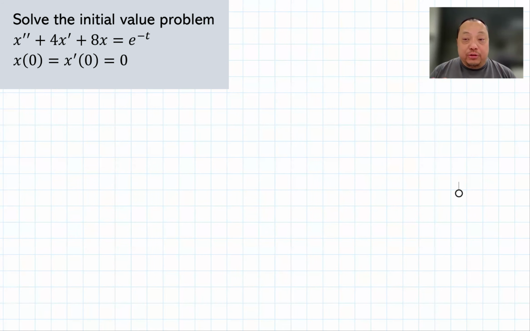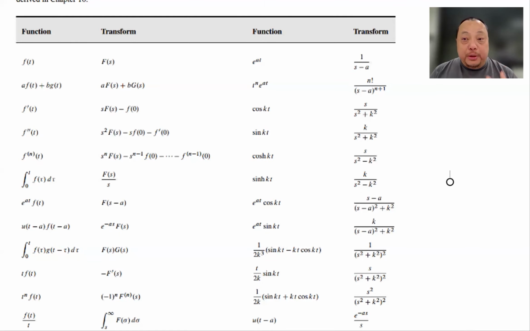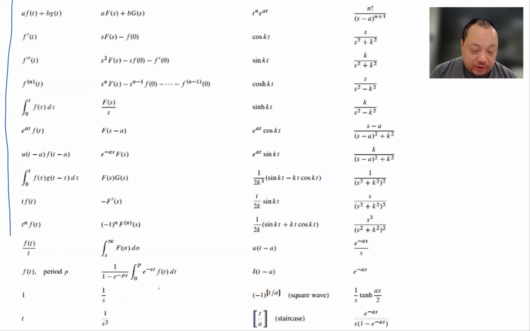To apply Laplace transform to solve initial value problems, you need a good table of Laplace transform that has two things in it. A typical Laplace transform table looks something like this. There are two parts to this table. The first part contains properties of the Laplace transforms, how the Laplace transform behaves when applied to different kinds of functions of t.